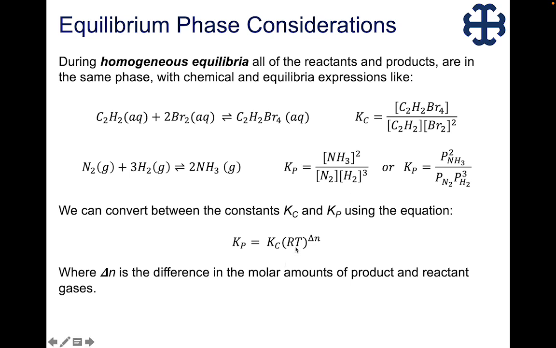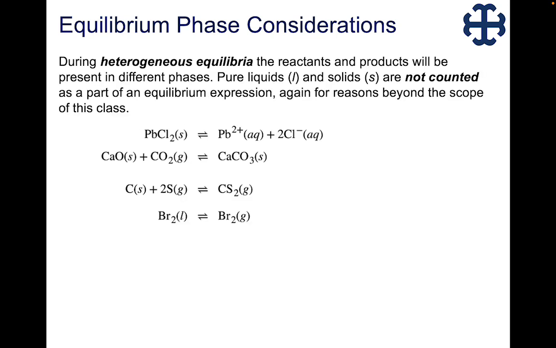Basically, the thing to know here is R and T, our good old ideal gas constant, and the temperature in Kelvin from our first unit, and that is going to be to the power of the change in the number of moles. So, for example, we have 4 moles of gas on our reactant side. We have 2 moles on our product side, so delta n here would be negative 2 if we were converting between Kp and Kc. Okay?